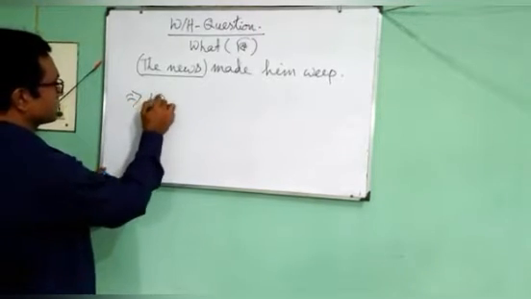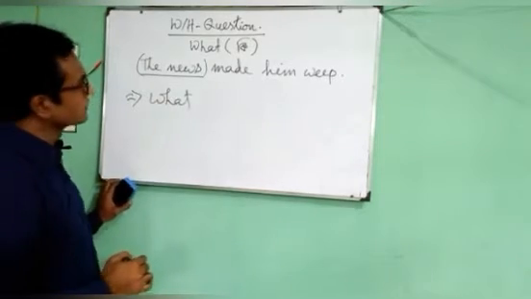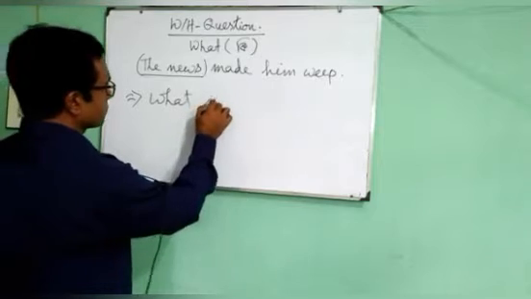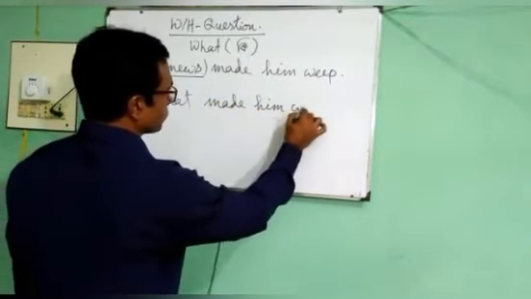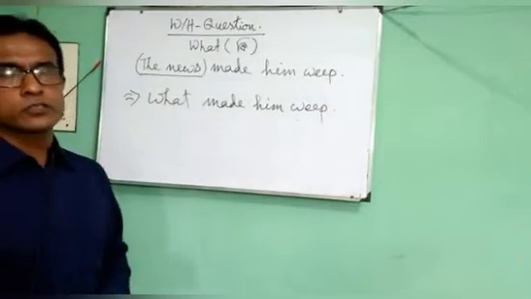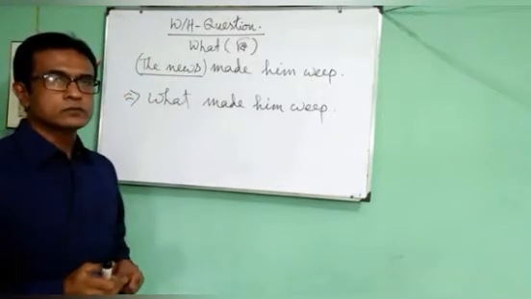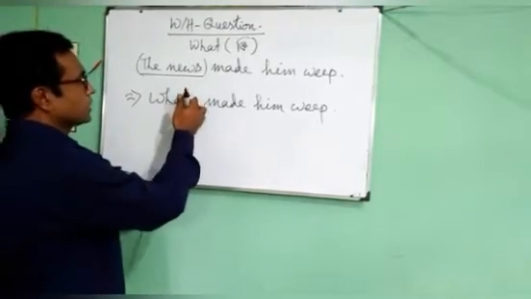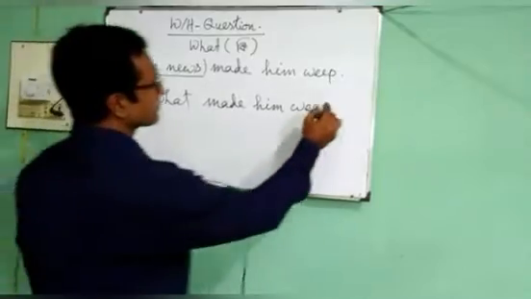Simply use what. As the subject is impersonal, what is appropriate here. What made him weep? Remember, to make a question for knowing the subject, you should not incorporate do, does, did.